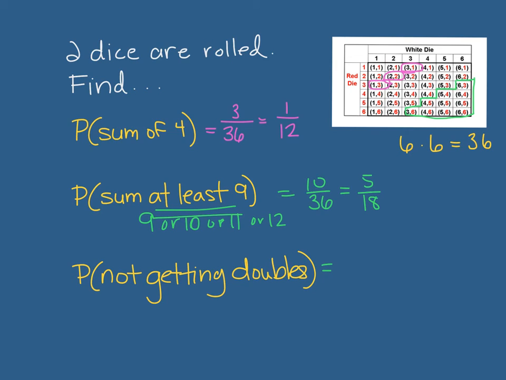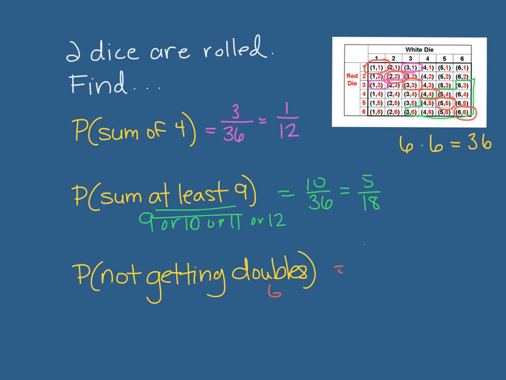And then lastly, the probability of not getting doubles. Now this is one where there's a lot more that are not doubles than there are doubles. So we might want to think of this as the complement. The doubles are right here in the middle: 1 and 1, 2 and 2, 3 and 3, 4 and 4, 5 and 5, 6 and 6. There are 6 doubles. So that means we can subtract, right? From everything, there's 36.